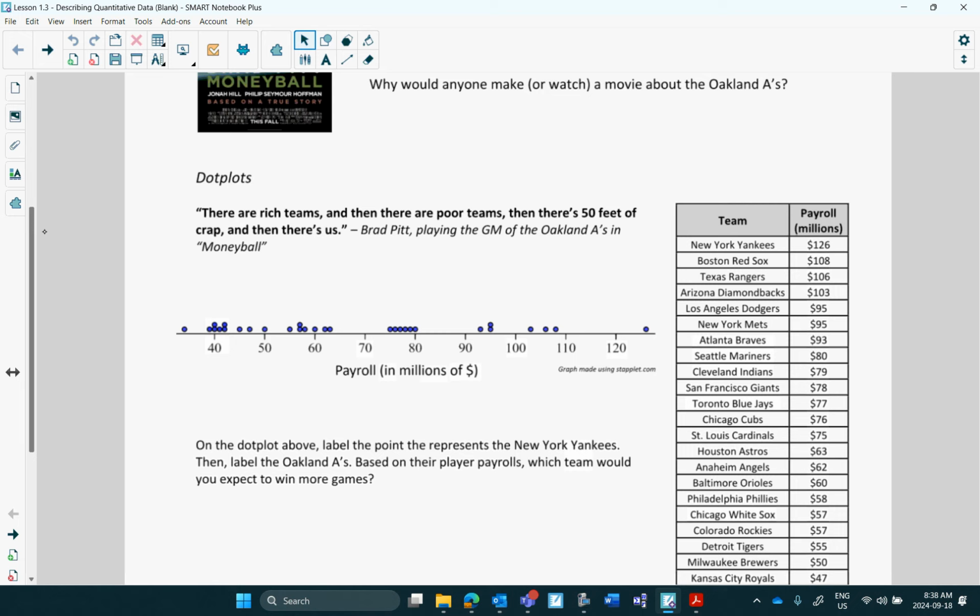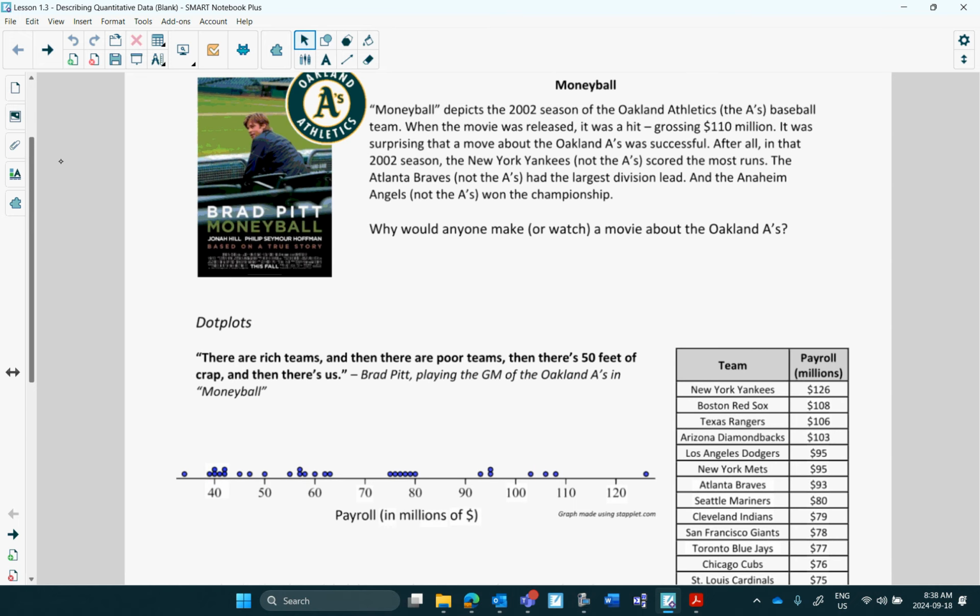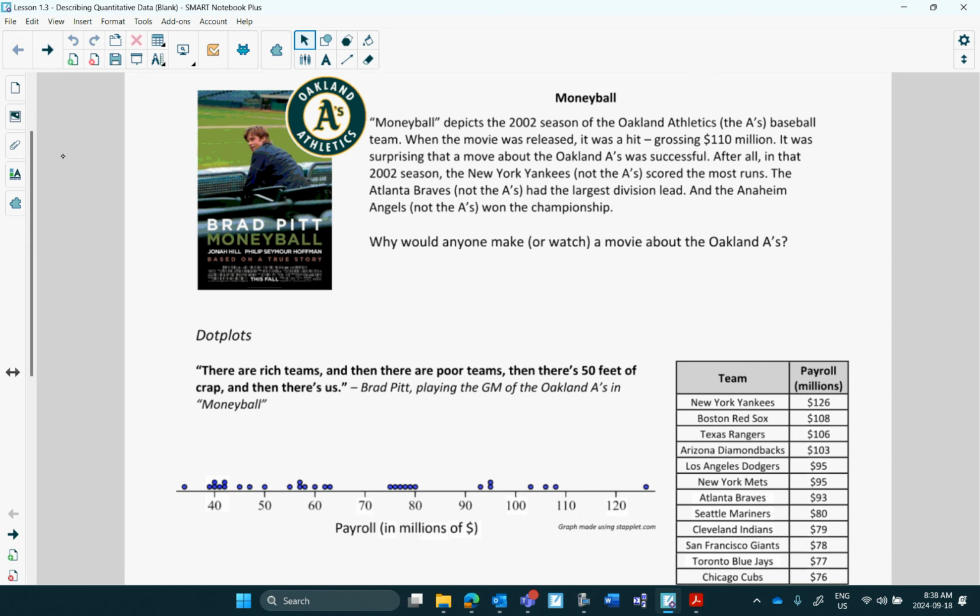So what we're going to do with this is look at their payrolls, which is quantitative data, right? And you can see the whole list of payrolls there. We're going to talk about how we can present and analyze it.